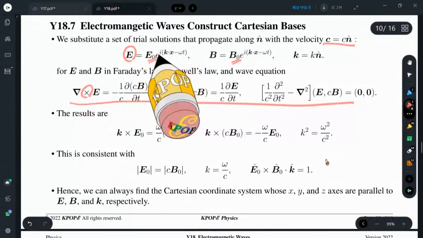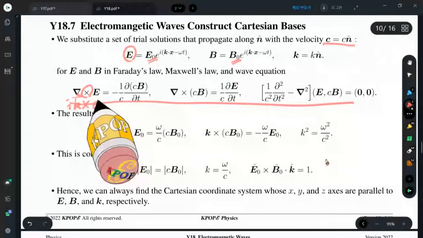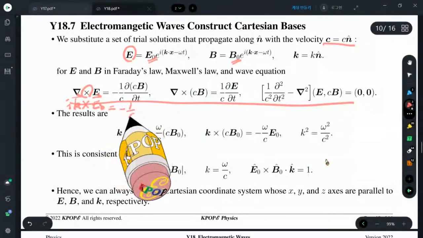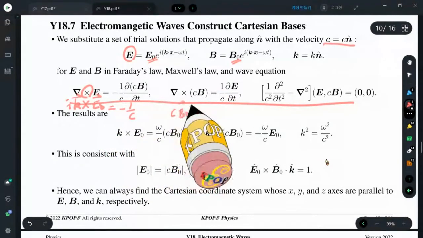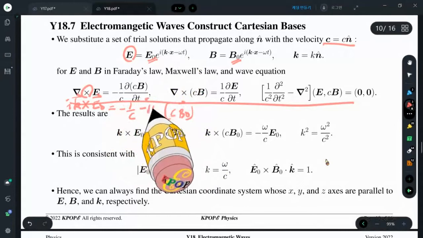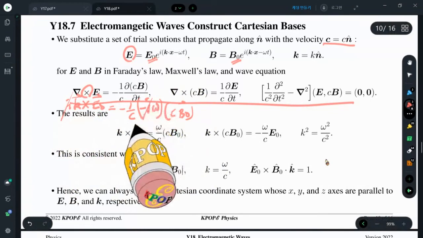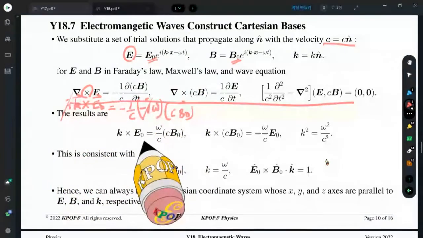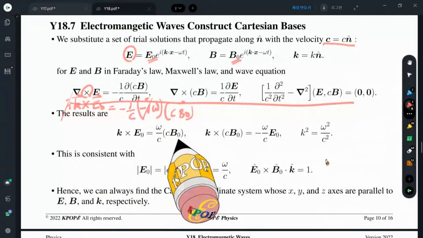If you take the curl, what we have to do is ik vector cross E0 exponential. And the exponential cancels. We have 1 over c, cB0 vector. Here, the time derivative will bring minus i omega as a multiplication. So i cancels, it becomes positive, and we have k cross E0 equals omega over c times cB0.